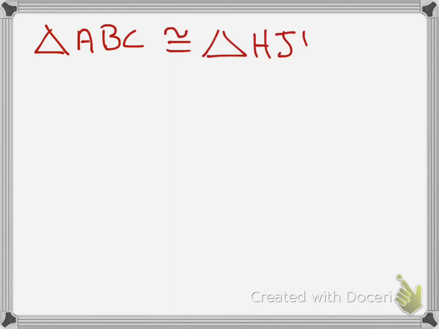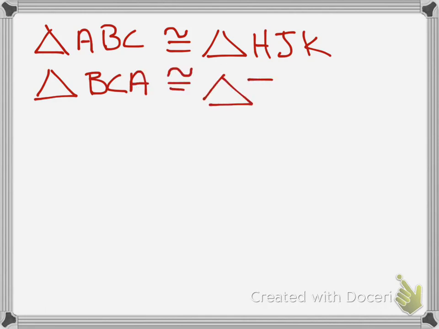So it is okay to say triangle ABC in this example is congruent to HJK. It would be okay to say triangle BCA is congruent to JKH.